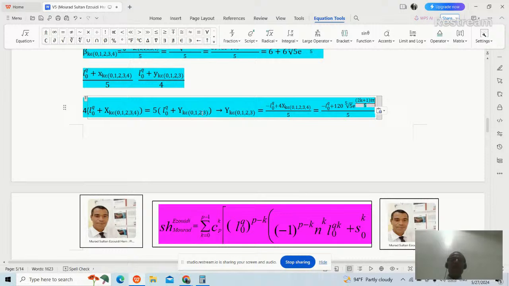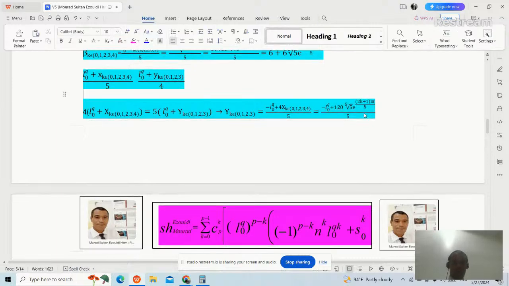Therefore y_k equals negative 0 for the cube plus 4 times x_k, divided by 5. I will use this one and go to my original equation.